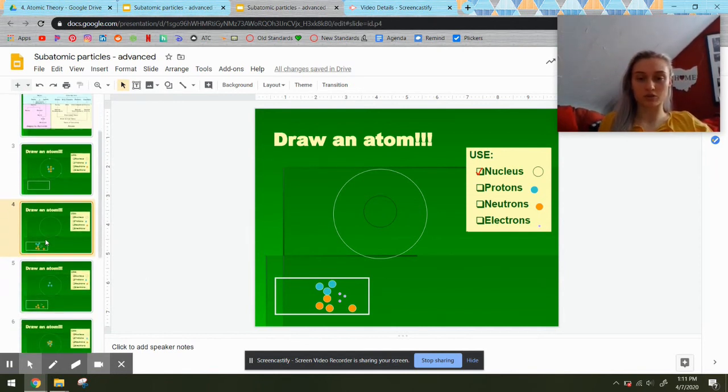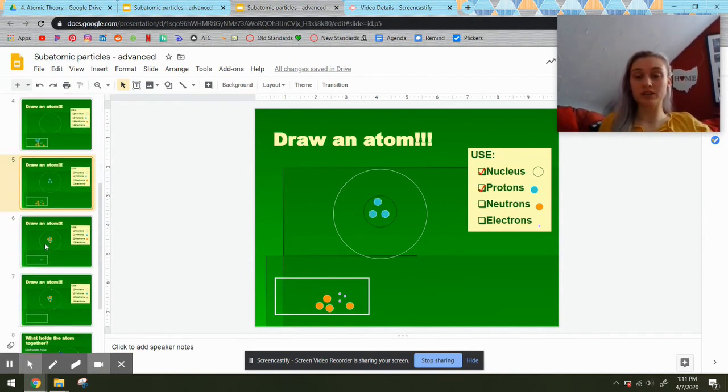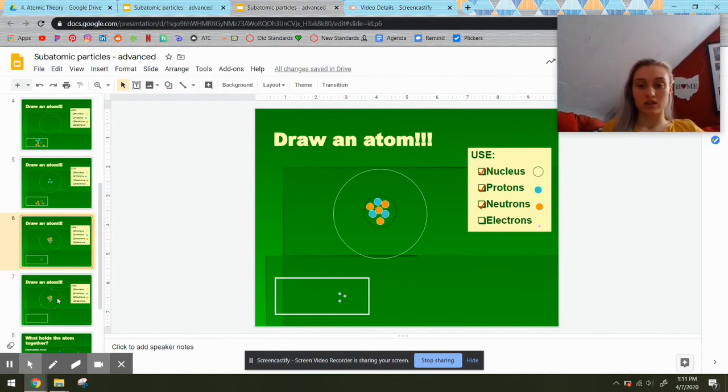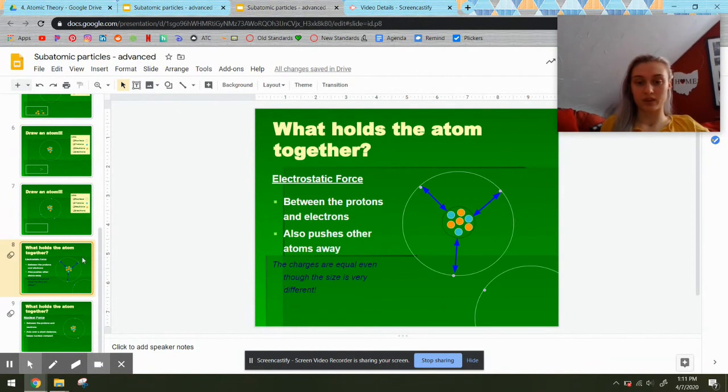And so this kind of goes through it, but I just did it interactively with you. The nucleus is in the middle, then you do the protons, then you do the neutrons, and then the electrons on the outside. And so what holds the atoms together is called electrostatic force. And so it's between the protons and electrons.